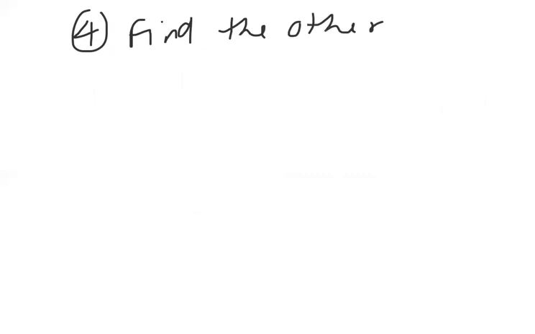And then once you solve the equation, guys, you're not done yet, because remember, this is a two variable system. So you still have to go back and find the other variable by substituting.